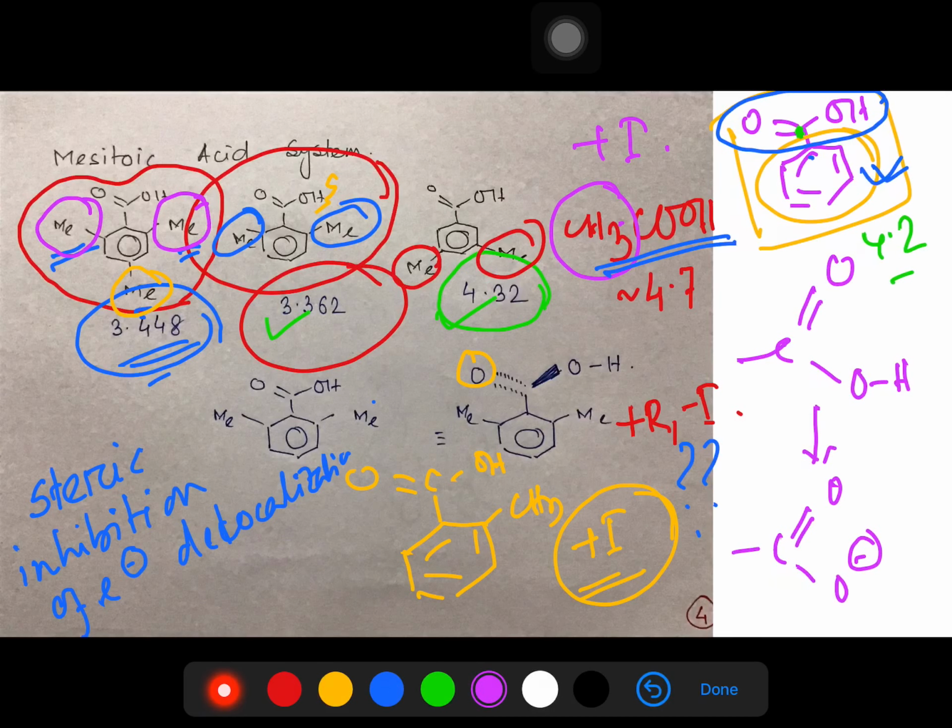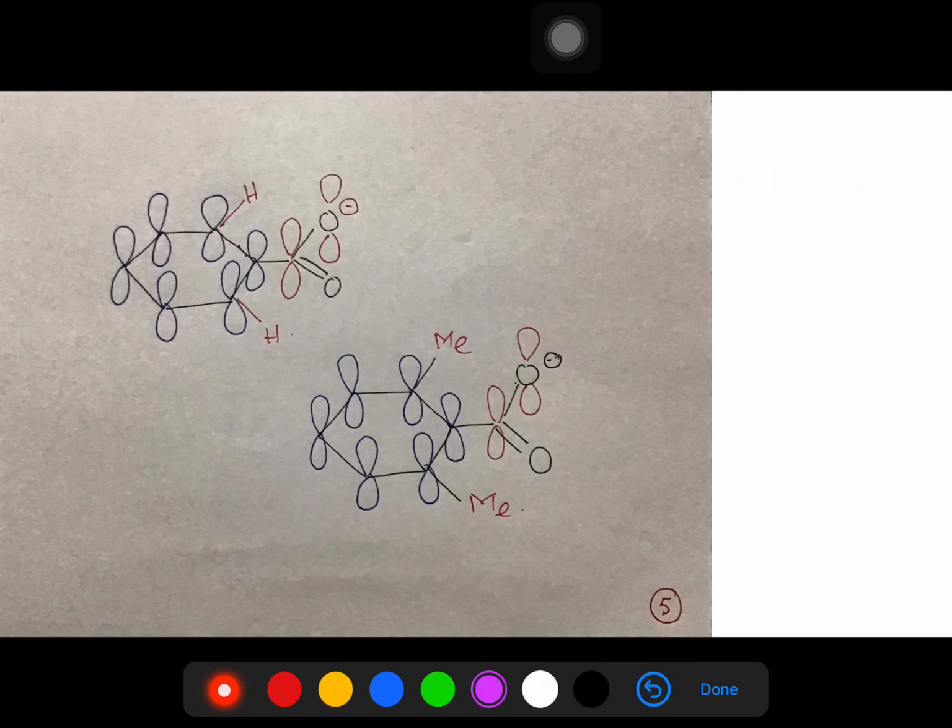Okay, so in order to understand the story a little more clearly, just look at this. This is benzoic acid, this is benzoic acid, whereas this is 2,6-dimethyl benzoic acid.